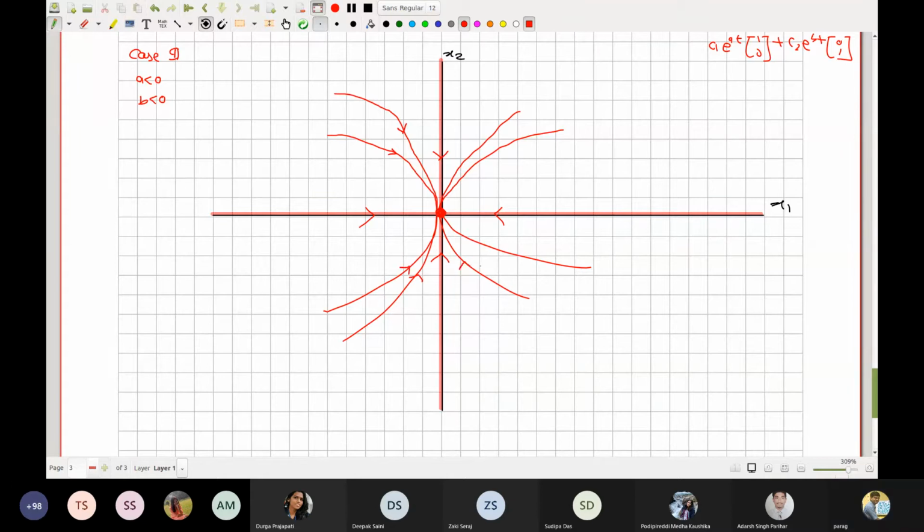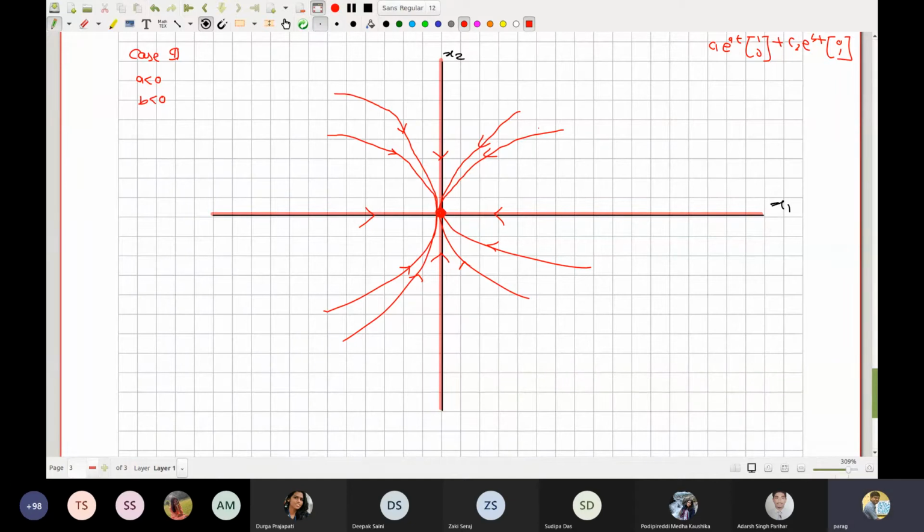Everything coming in. So what does this mean? This means that if you have the matrix of the form 0, A, 0, 0, B, where A is less than 0 and B is less than 0, you are sure that your system is going to be stable, and eventually everything will settle to the equilibrium solution.